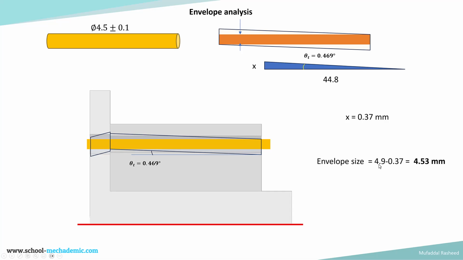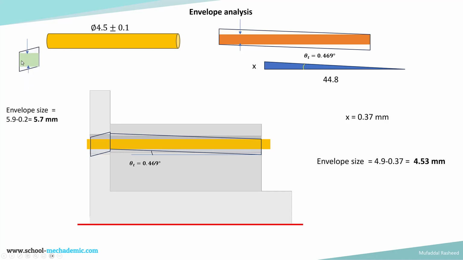So envelope size will be 4.9 minus 0.37, which is 4.53 mm. So the largest size of pin which can be inserted is 4.53 mm. And if you compare this 4.53 mm to this over here, we can see that in the worst case the largest size is 4.6. Hence the pin will not assemble in this condition considering the worst case angular stack-up.